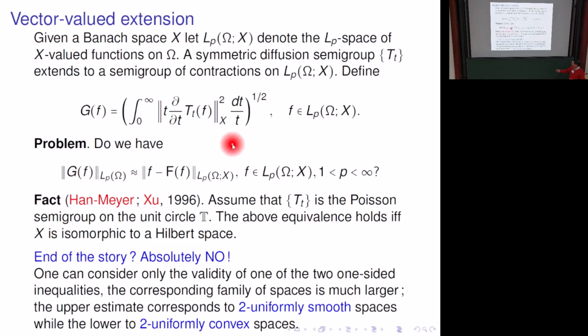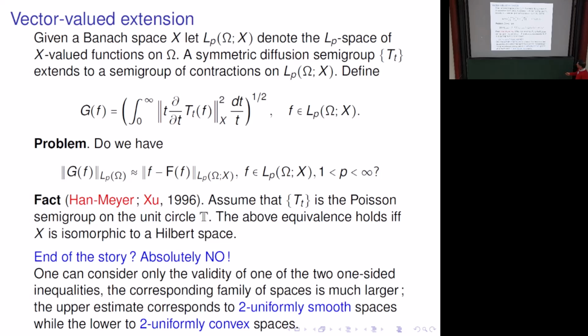Okay, so in this case, you see this. Because the answer is very easy, that means the story stops here. But in fact, this is not true. In fact, as Sasha asked, we can consider only one of the two inequalities. So this equivalence is a two-sided inequality. If you consider only one of the two, then the family of Banach spaces X is much larger.